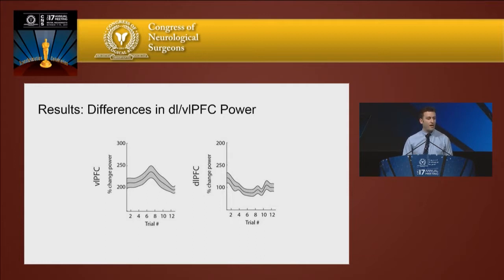If we look at these two graphs where the y-axis is showing the change in theta power and the x-axis is showing the subsequent trials in the learning set, we can see that the ventrolateral prefrontal cortex has a peak around where learning criterion is reached, whereas the dorsolateral prefrontal cortex shows an overall decrease in power as the learning set progresses. So the ventrolateral prefrontal cortex seems to be more associated with the learning rate, where the dorsolateral prefrontal cortex seems to be associated with the learning process itself.